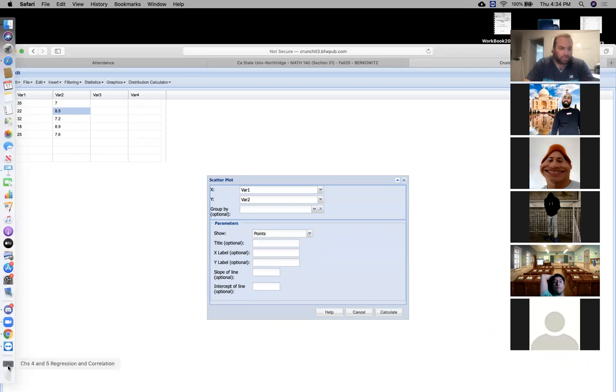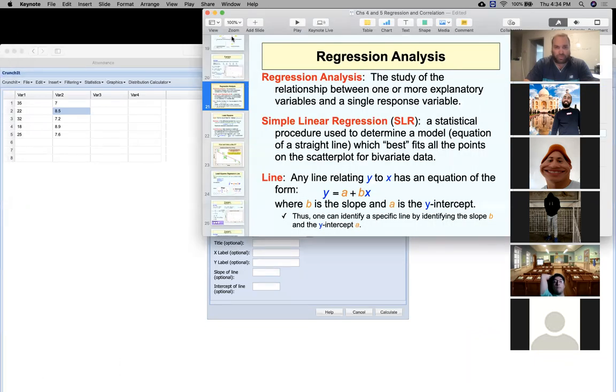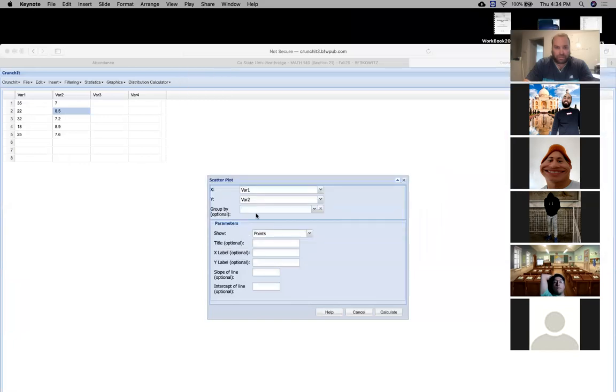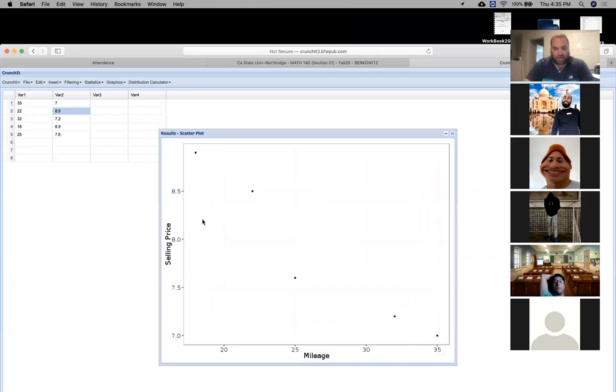Was the X mileage or was the Y mileage? The X is mileage and the Y is selling price. So I can go here and label the X as mileage and Y as selling price. And I can calculate it. And now it doesn't just say variable 1 and variable 2, but it lists it as mileage and selling price.